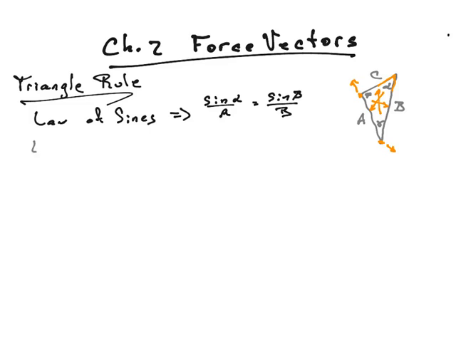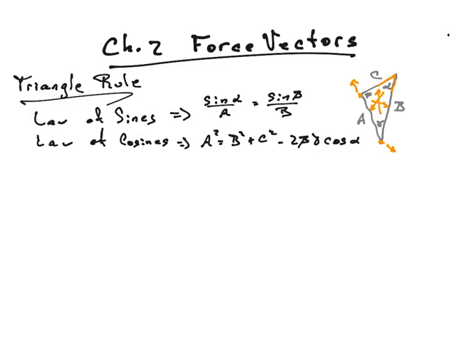The other thing we need to know is the law of cosines. What this says is that the length of A squared is B squared plus C squared minus 2BC cosine of alpha.